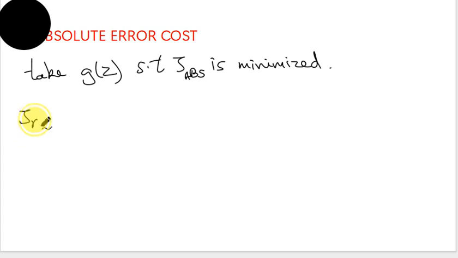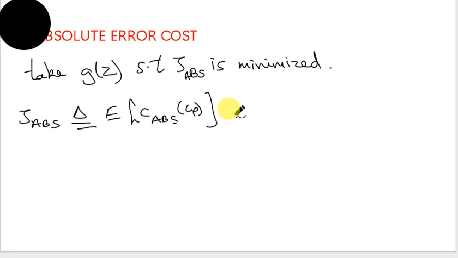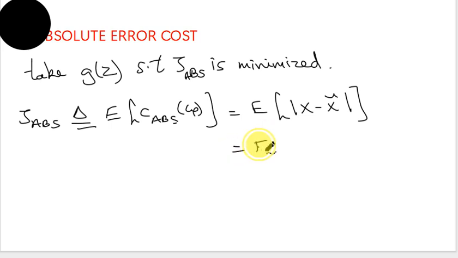My J absolute error cost, this is nothing but the expectation E of the cost C_ABS of epsilon. This is nothing but the expectation of modulus of x minus x tilde. In other words, E of modulus of x minus x tilde, where x tilde is taken to be g of z, so this is x minus g of z.